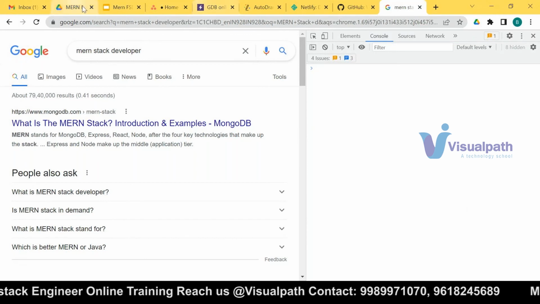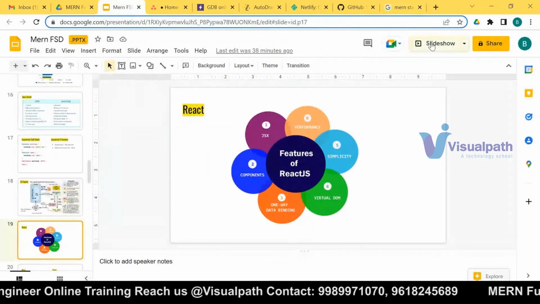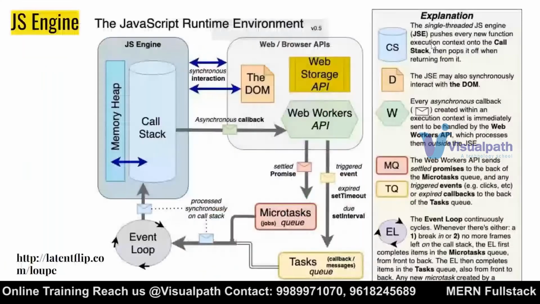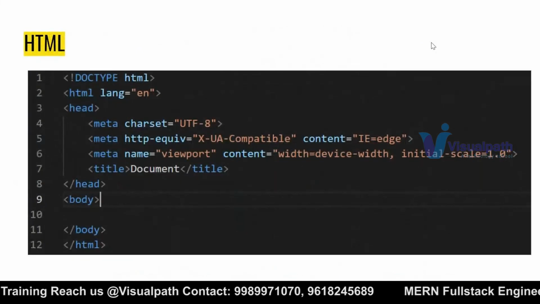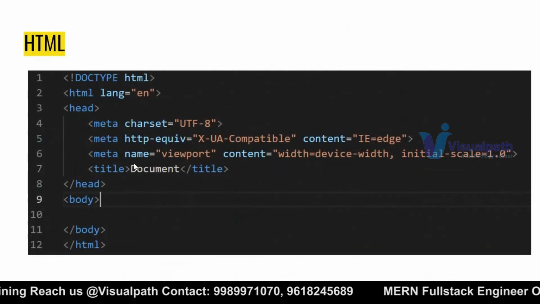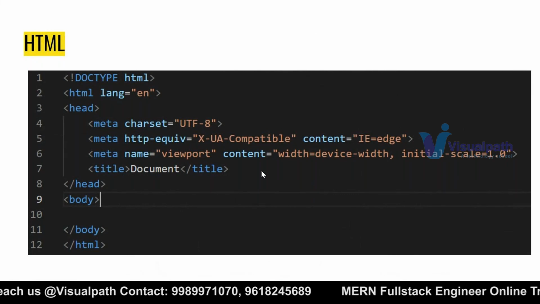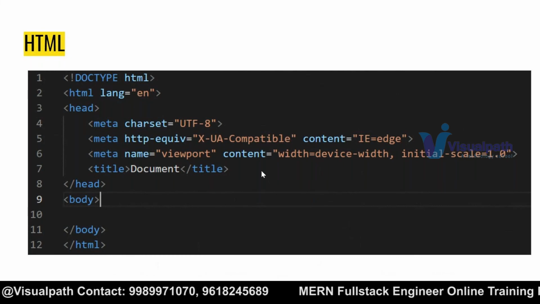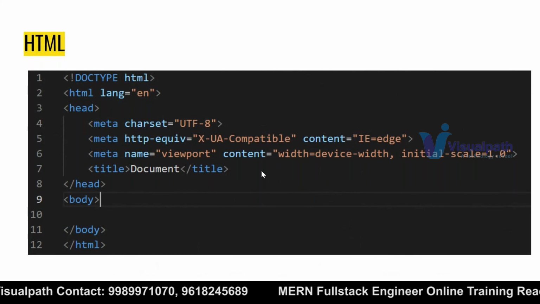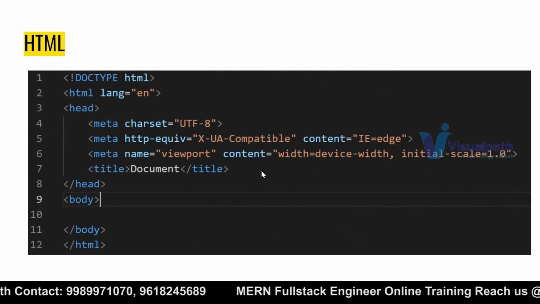Therefore, in the example I've shown, right here, we'll be placing a JavaScript tag. Inside that, we can write the JavaScript code inside the HTML document, or you can write the JavaScript file outside and call it with the path of the JavaScript file.